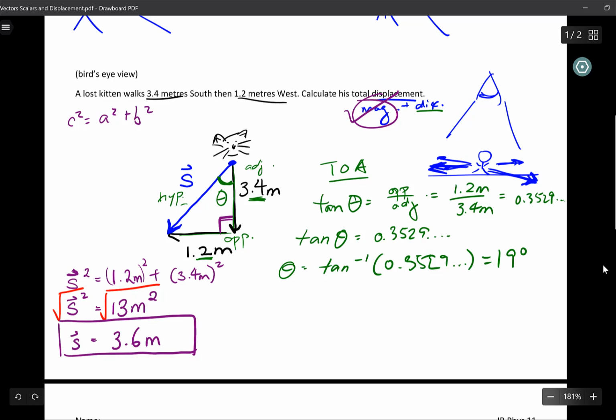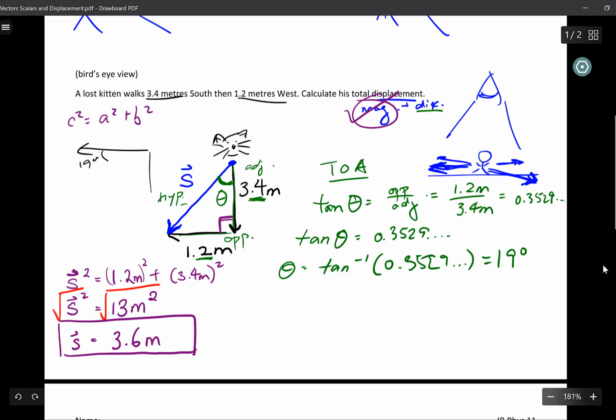Okay, so this part, finally, we get to talk about how we write down the directions properly using an angle. So we can't just write down willy-nilly 90 degrees southwest. That's still not specific enough, because am I talking about 90 degrees relative to the west marker, 90 degrees here?